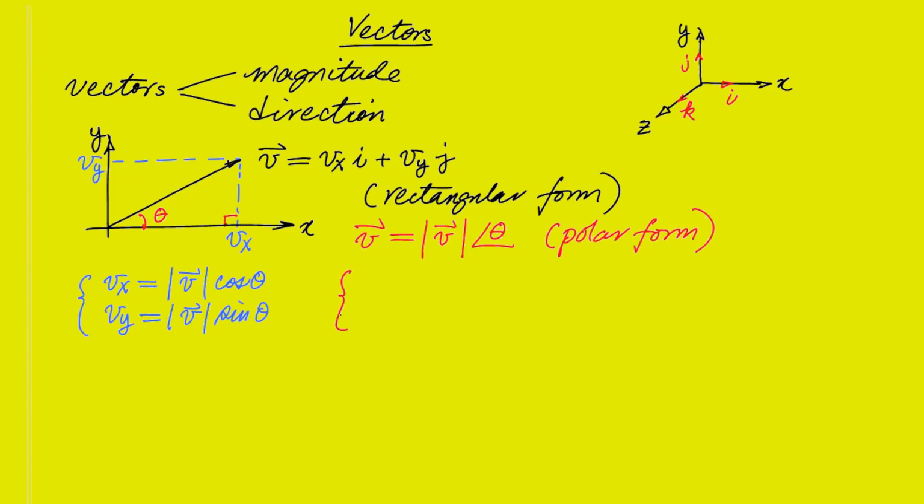If you know the component values, the magnitude can be computed using the square root of Vx squared plus Vy squared. Theta can be calculated as the arctan of the ratio of the two components, Vy over Vx. With this knowledge, we can now look at vector addition.